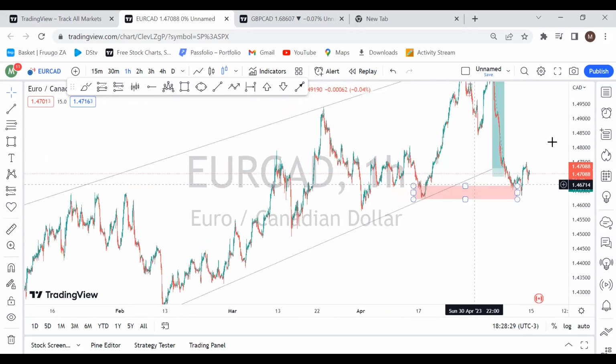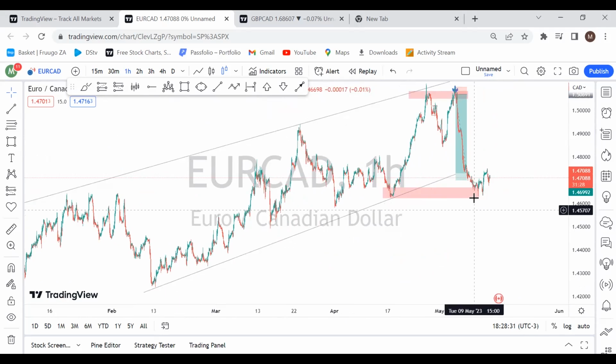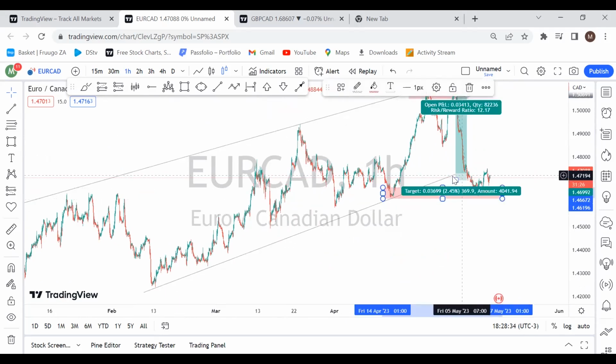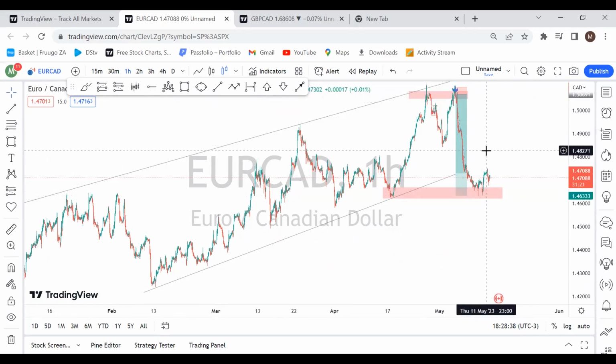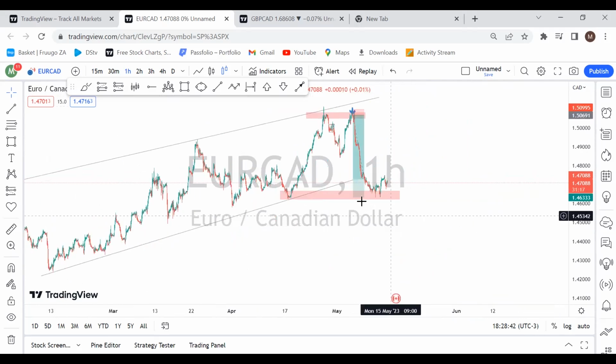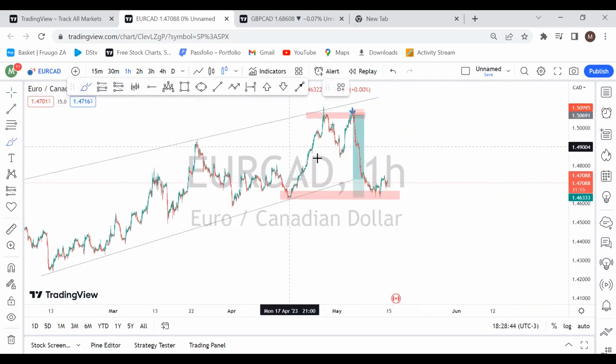And then right now you can see the price hit basically the first target. And what is probably going to happen right now is a correction, right?